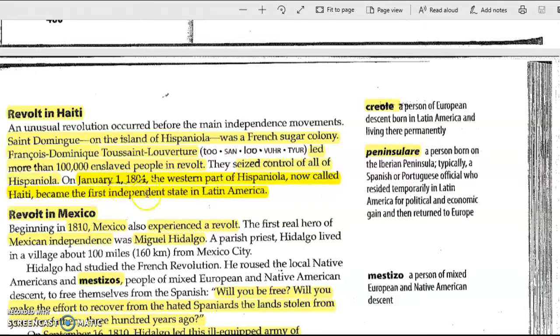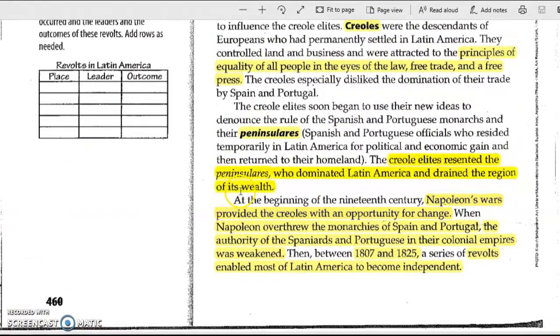And what you're going to see here, the last sentence, is that on January 1st, 1804, the western part of Hispaniola, which is today called Haiti, is going to become the first independent state in Latin America. So that is the outcome. That is the information that you're going to put in the outcome column there.